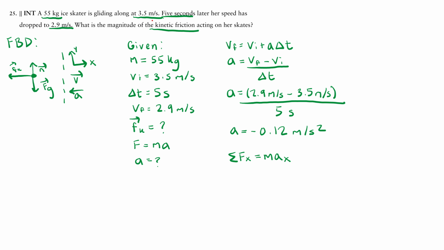In this case, kinetic friction is the only force acting in the x direction. So we can write that the negative kinetic friction force is equal to the mass times the acceleration in the x direction.